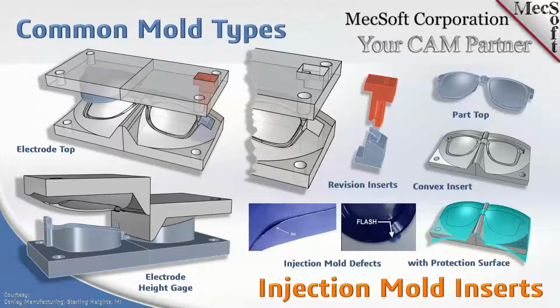Now, the mismatch can occur if your tolerances aren't tight enough, if your setup is not correct, things of that nature. So on the right, we've got the flash, which is caused by degrading of the parting line. And on the left, we have mismatch, which can be caused by incorrect setup or incorrect tolerances.